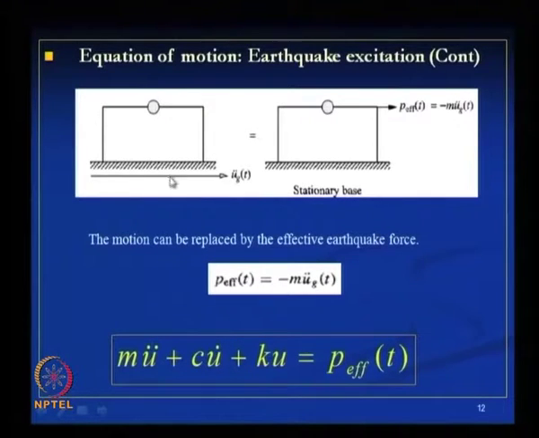So, if we consider a frame subjected to earthquake shaking or earthquake excitation at ground level with acceleration u g of t double dot, it can be considered as equivalent to a stationary base subjected to a dynamic load acting on this system at this mass level with minus m u g double dot t. So, that is our effective dynamic load acting on the system.